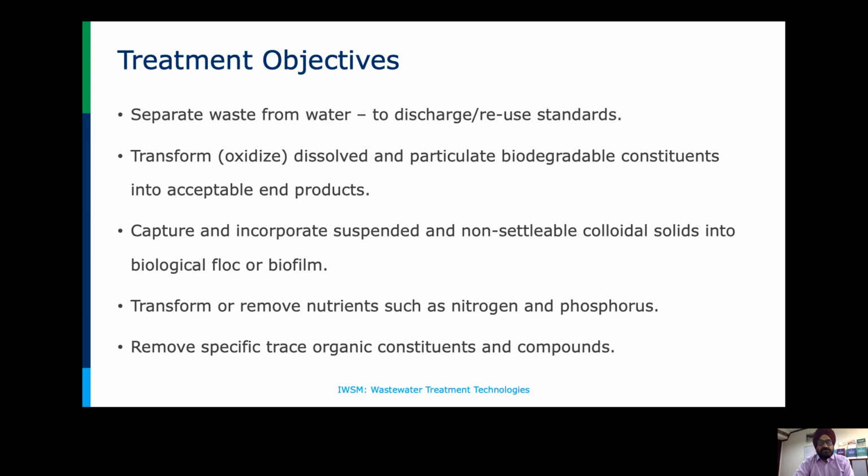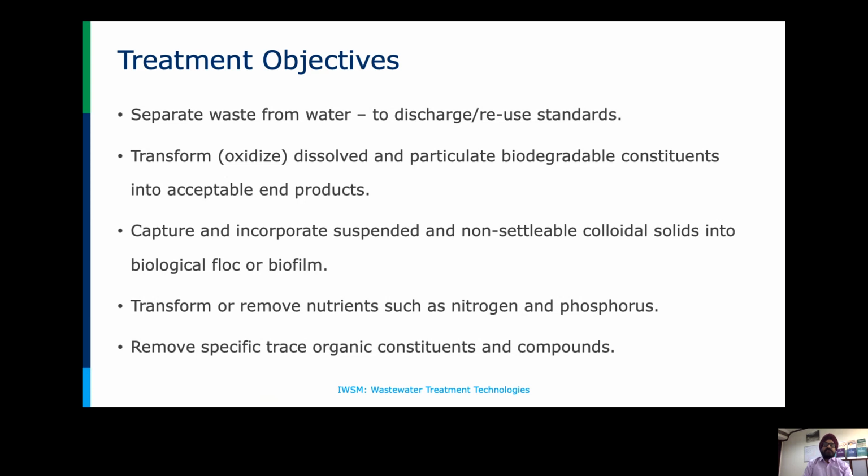That is important. When we do wastewater treatment, it is done with 4 meta objectives. One is we need to separate solid waste from water, and not just separate, but to discharge or reuse them as per standards. So that's the first principle of wastewater treatment, how to separate solid from water. Then comes the treatment objectives.